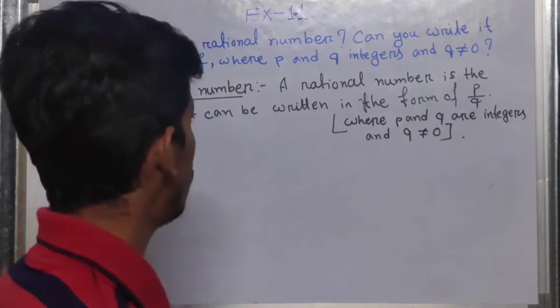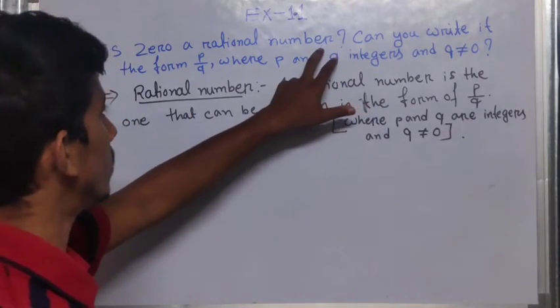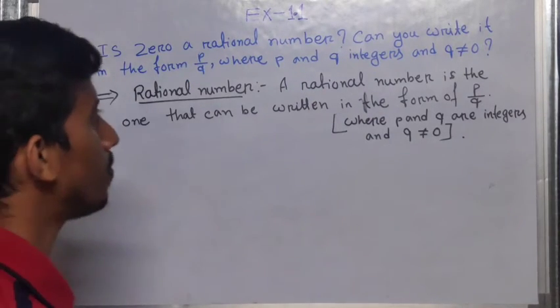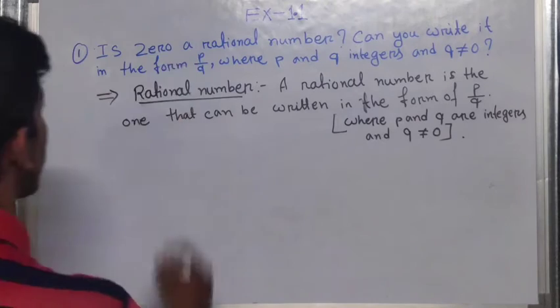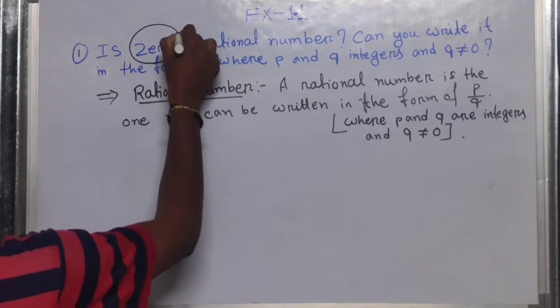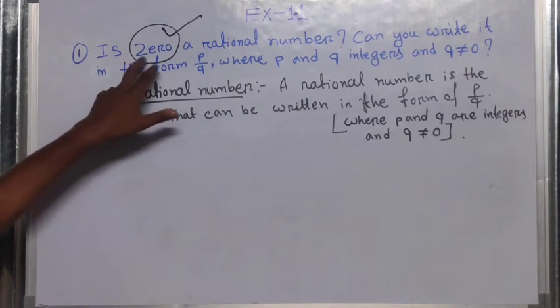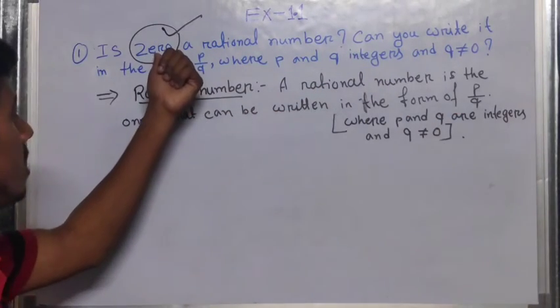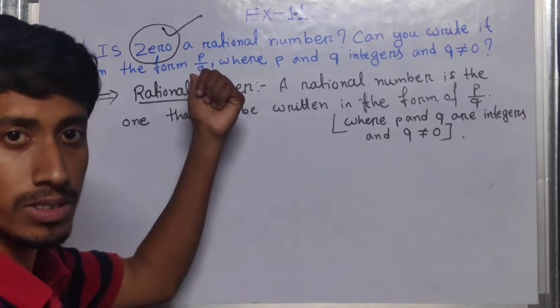Now, in this question, can you write 0 in the form of p by q? Is 0 a rational number? Can you write this 0 in the form of p by q?